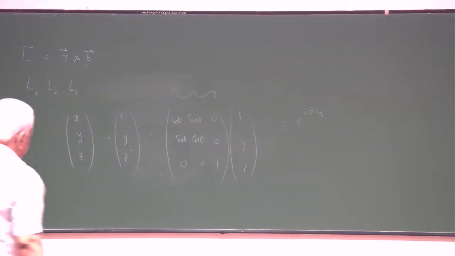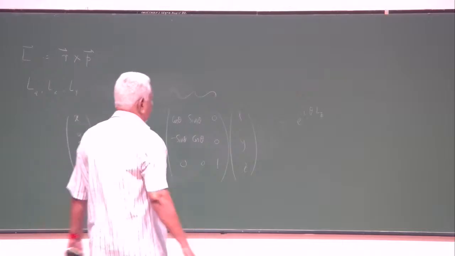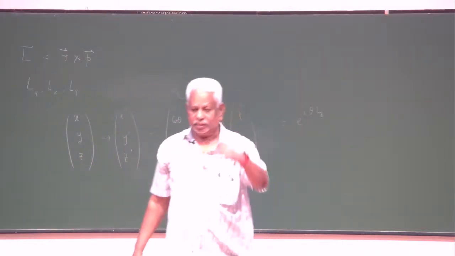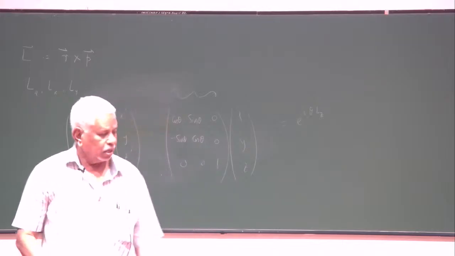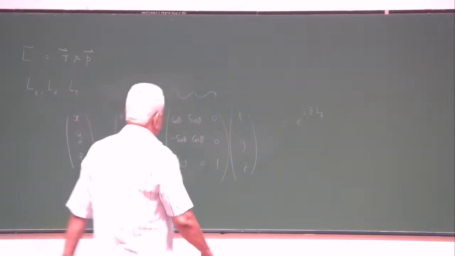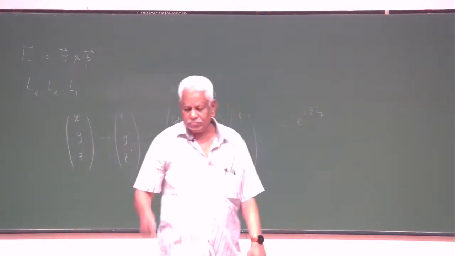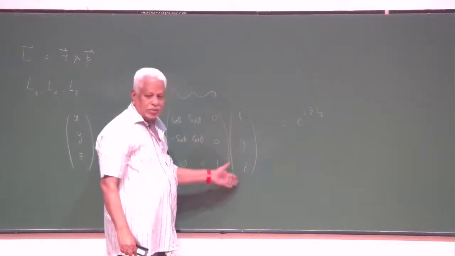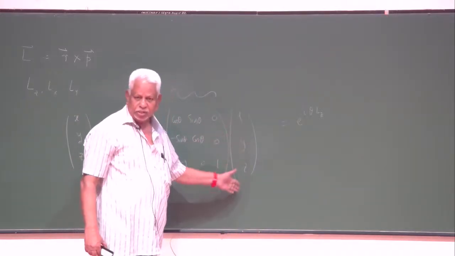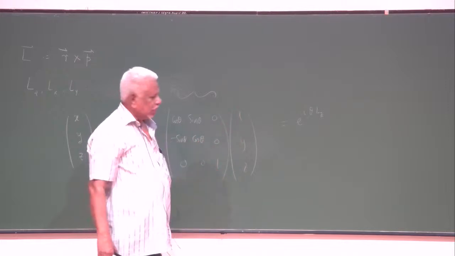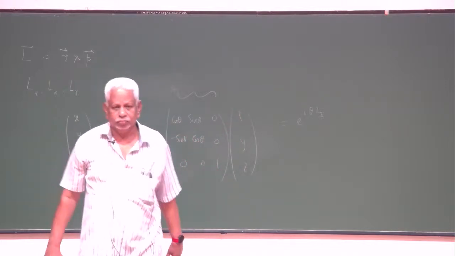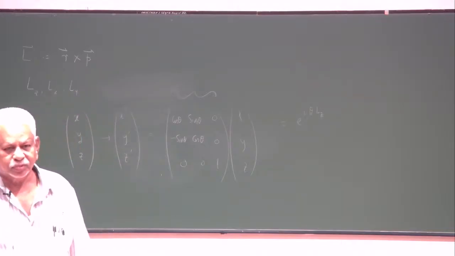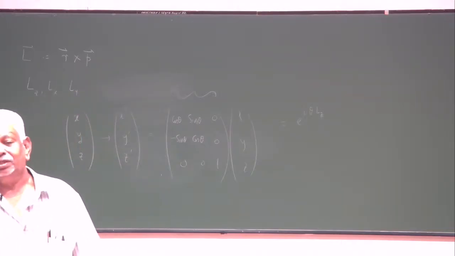Now, what is that matrix? If this thing is there, you can expand it. The first term will be 1, and that first term is simply the identity matrix multiplying x, y, z. What is the second term in that expansion of e to the power i theta Lz?